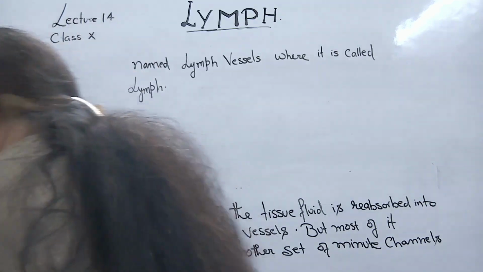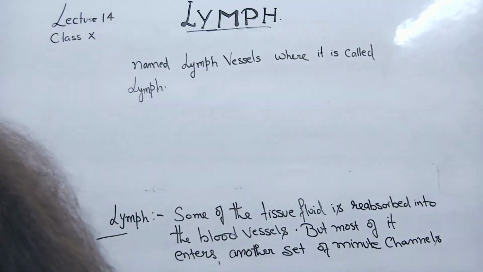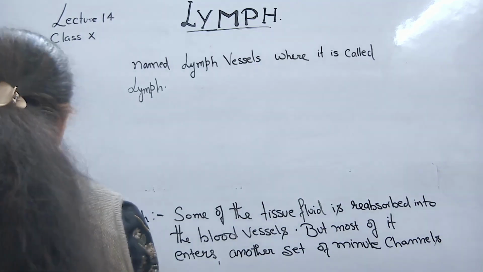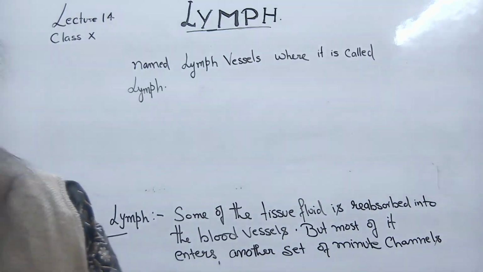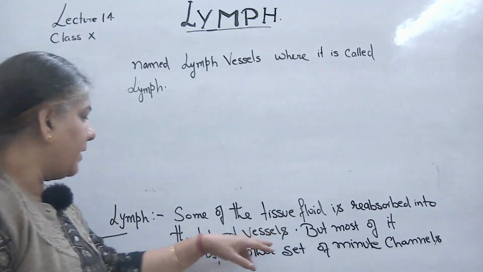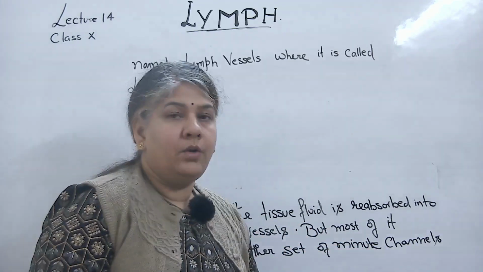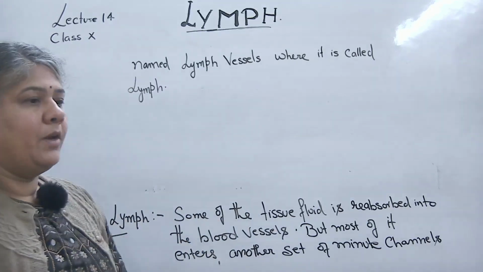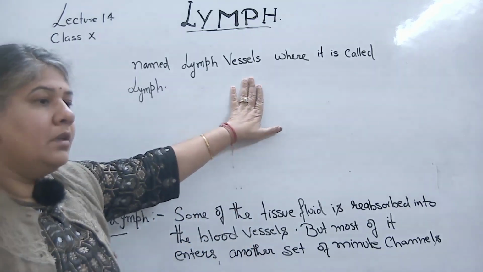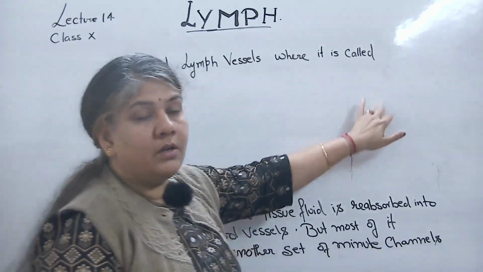So this is the total definition of lymph. Some of the fluid is reabsorbed by the blood, but most of it enters into another set of minute channels called the lymph vessels, where this fluid will be called lymph.